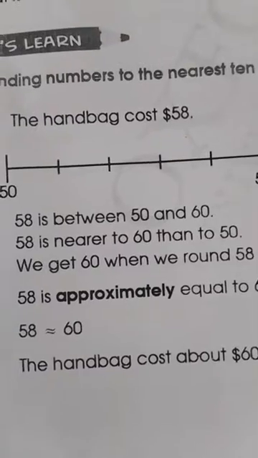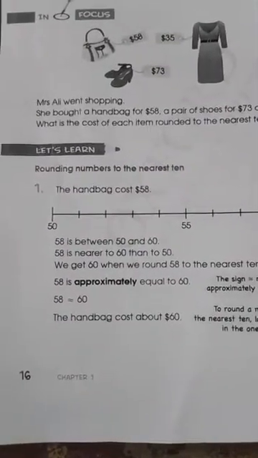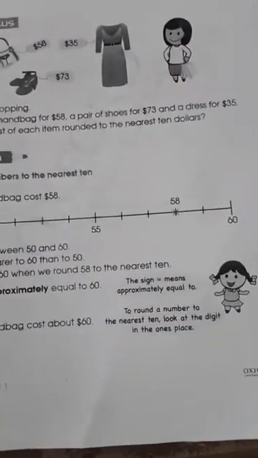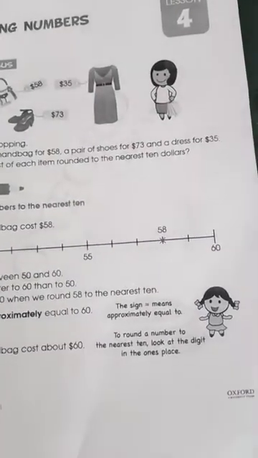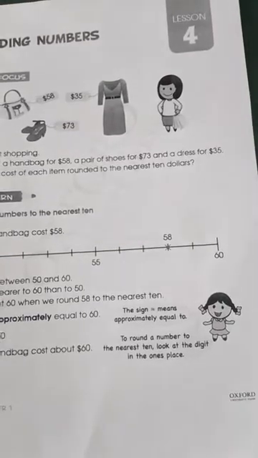Now this is the symbol of approximately. The handbag cost about $60. The sign means approximately equal to. To round a number to the nearest 10, look at the digit in the ones place.